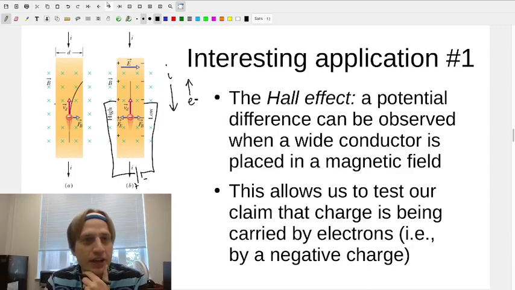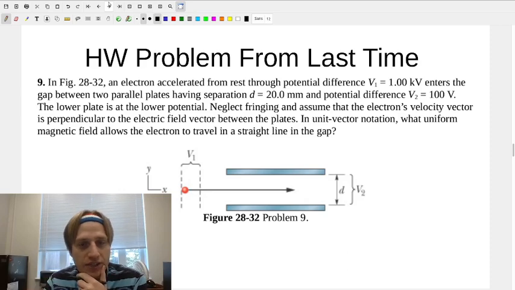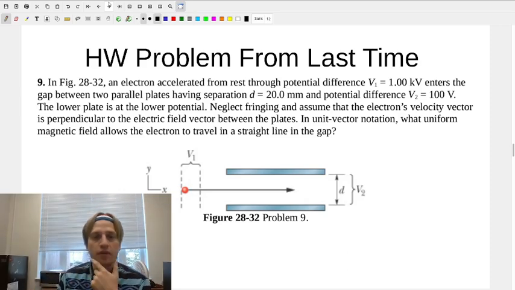Okay, so that's the Hall effect, and this is exactly the sort of problem that this example I worked out at the end of the last video is trying to get at.